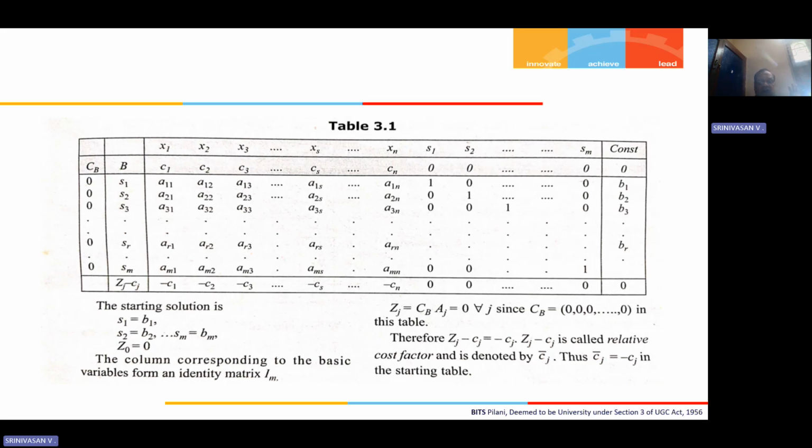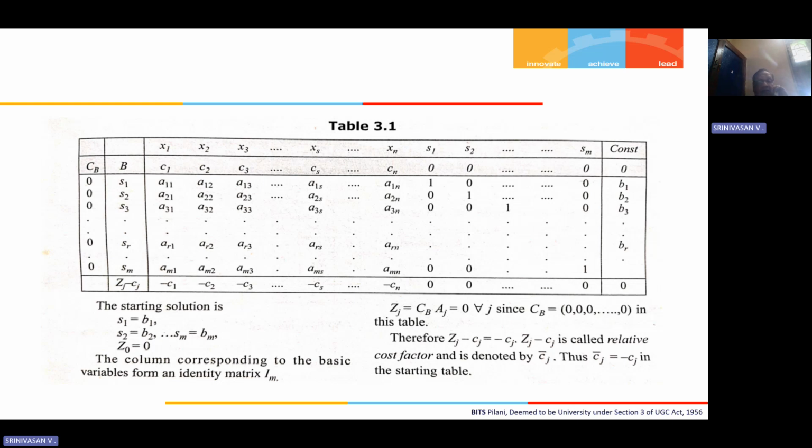So what do you mean by CB Aj? It is 0 into A1 column. The columns here: this is the A1 column, this is the A2 column, this is the A3 column. These are all concerned with the coefficients of the constraints.